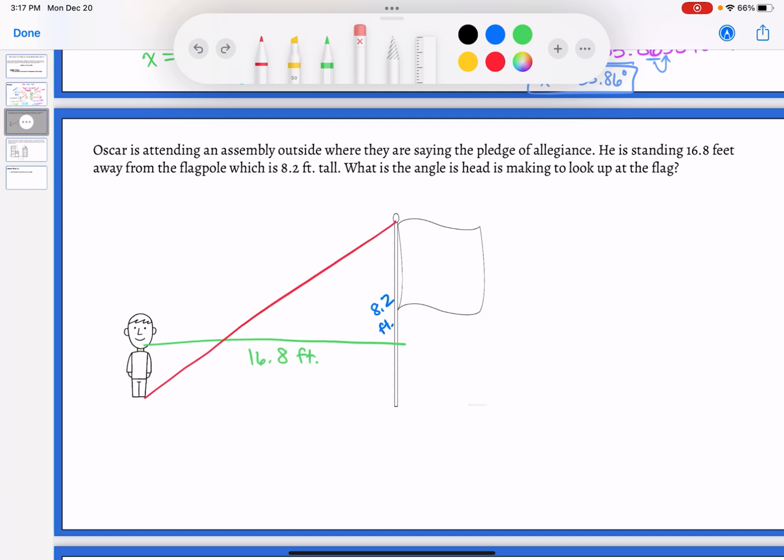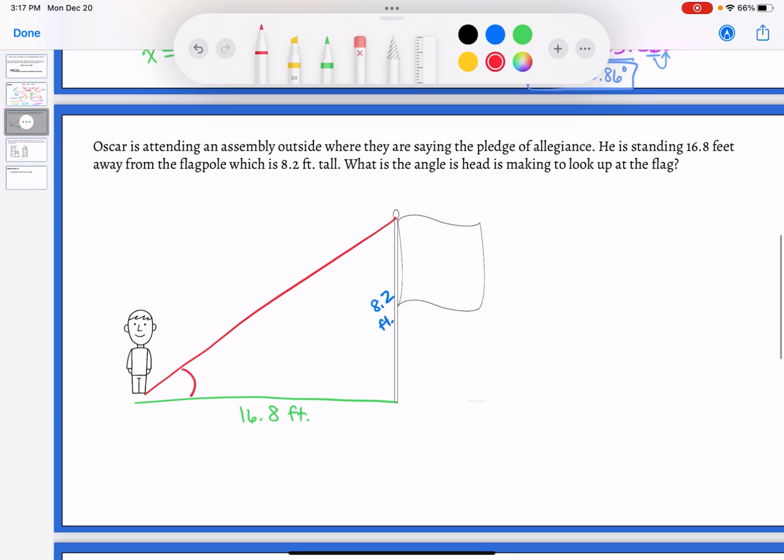But you get the idea. So what is this angle measure that he's looking up at the flagpole? This is what I'm trying to find. My picture isn't fabulous, but you get the idea. So he is 16.8 feet away from the flagpole, and the flagpole is 8.2 feet tall. What's that angle to look from the ground up to the flagpole?